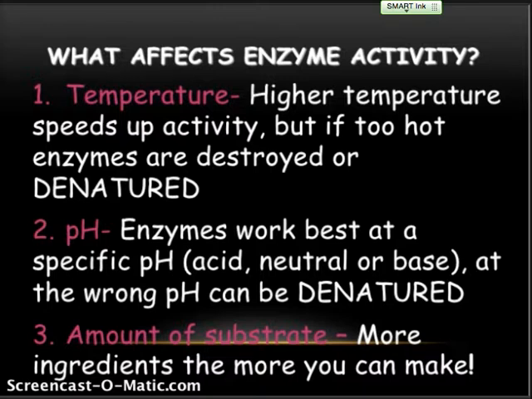At the wrong pH, an enzyme can also be destroyed or denatured. The amount of substrate, or substance the enzyme is working on, will also affect the enzyme activity. If you have more ingredients, you can make more product.